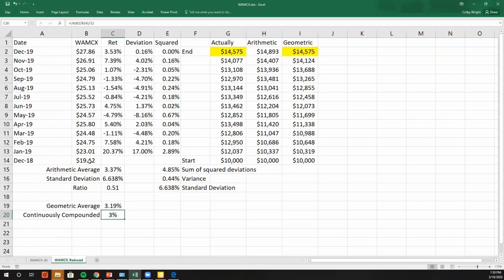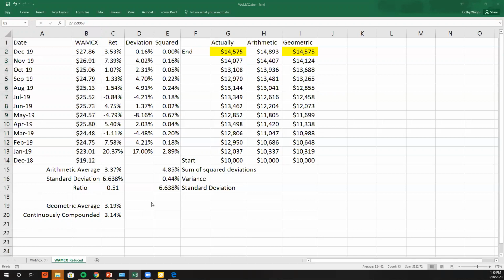Okay, do that. So what does this say? This says that based on the price data that we have here, on average, this portfolio was earning 3.14% per month if that's being compounded continuously.